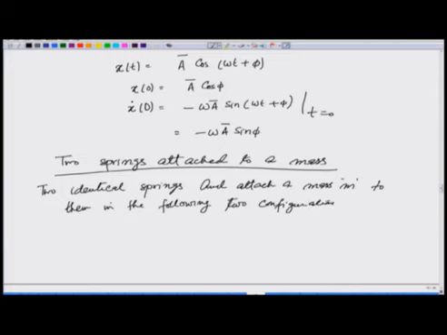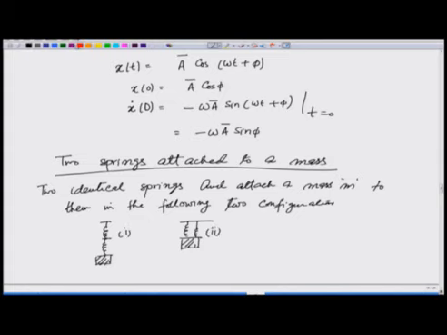In one case I attach spring 1, then spring 2 and mass m. In the other case I attach two springs in parallel and mass m. This is 1, this is 2.